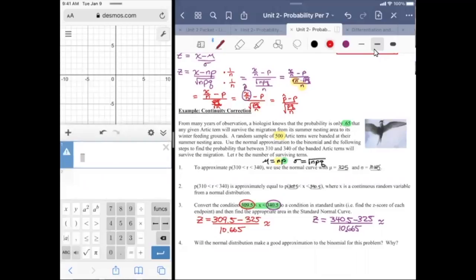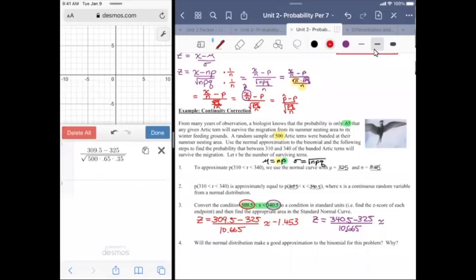We have a fraction, 309.5 minus 325, and the denominator I could just write as the square root of, just kind of go right back to basics here, 500 times 0.65 times 0.35. And so I get my z-score that way. It's a little bit more accurate. You might get a smidge of inaccuracy, but it'll round to something at least very close at a minimum.